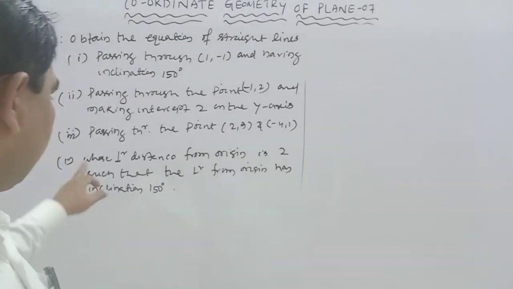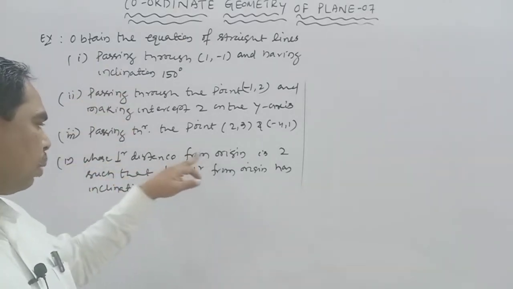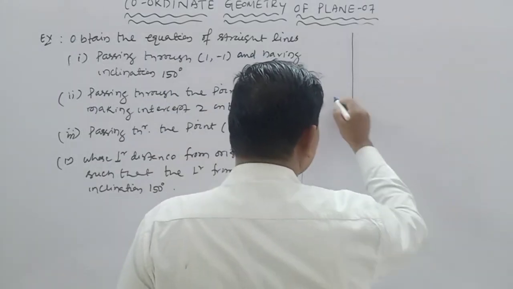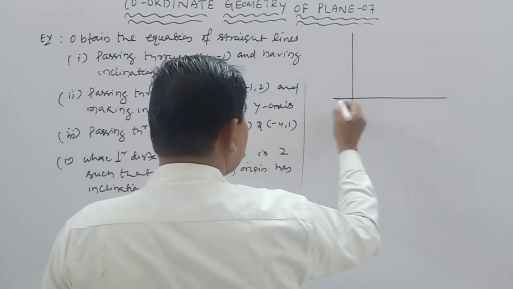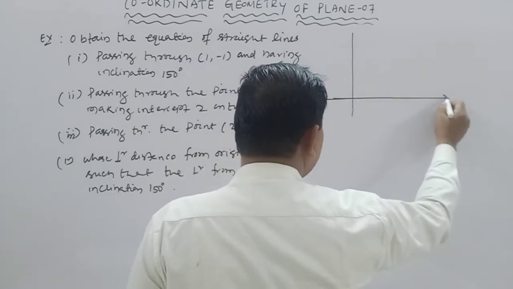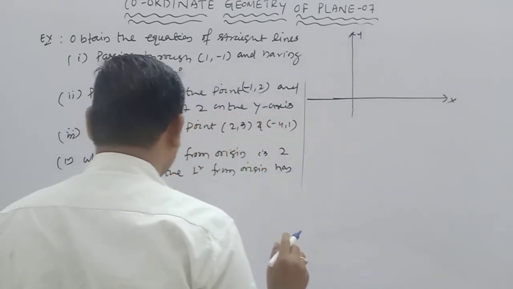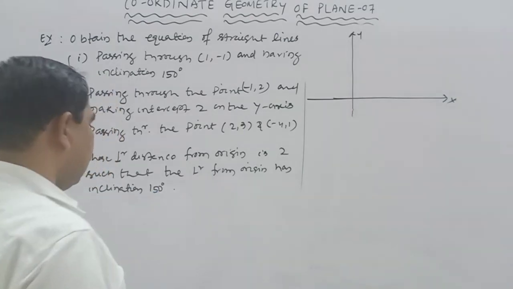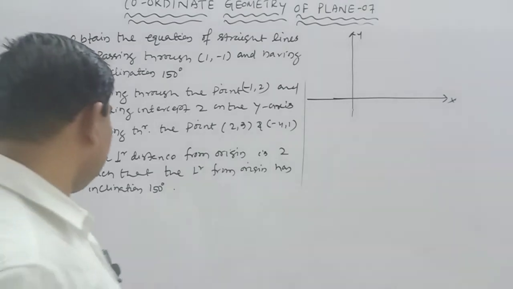Question number 4: find the equation of the straight line whose perpendicular distance from the origin is 2. This is the x axis, this one the y axis. The perpendicular from the origin is making 150 degrees.